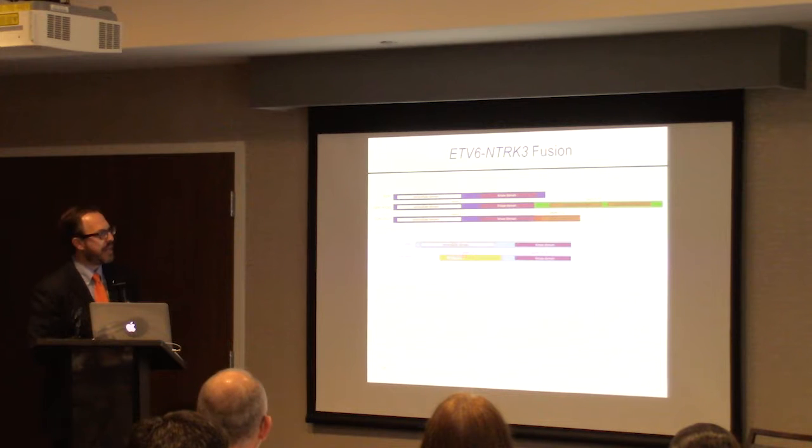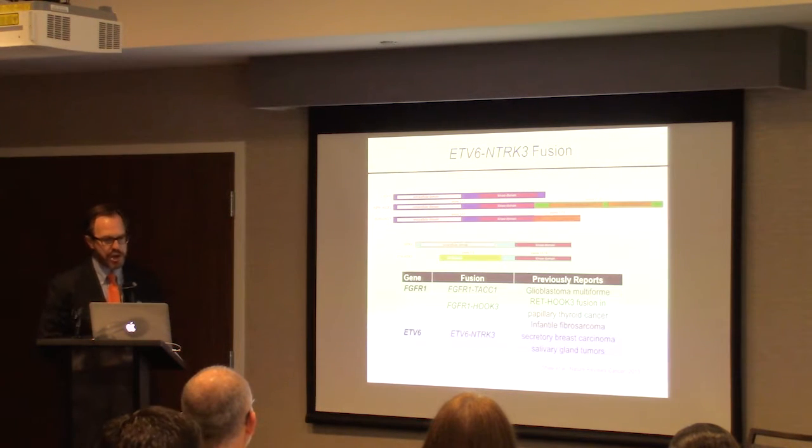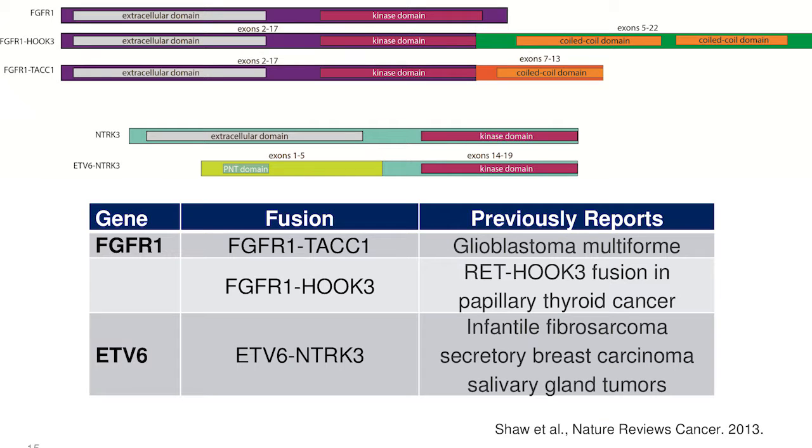And simultaneously we identified the ETV6-NTRK fusion in one of the patients. At the time, what we knew was that these FGFR fusions were known to exist in glioblastoma, which is an aggressive brain tumor, and FGFR1 fusions have been reported in thyroid cancers.